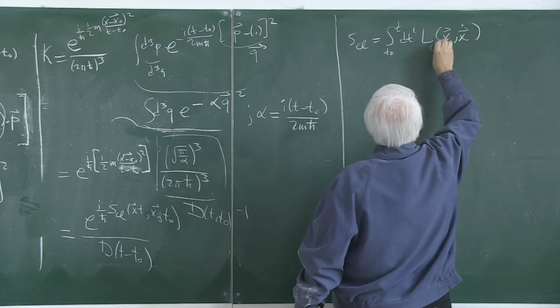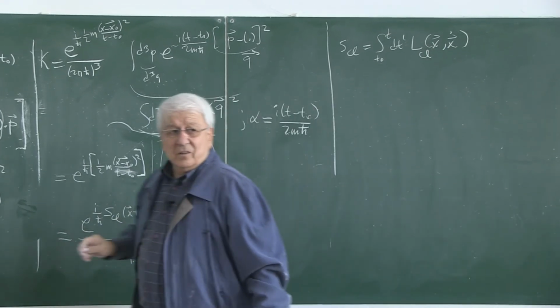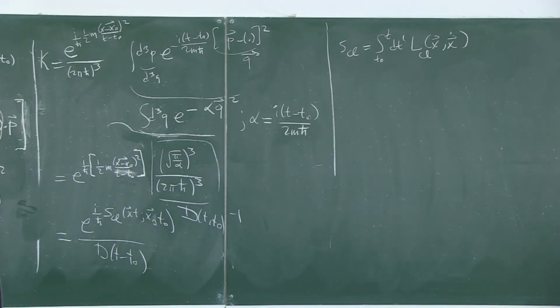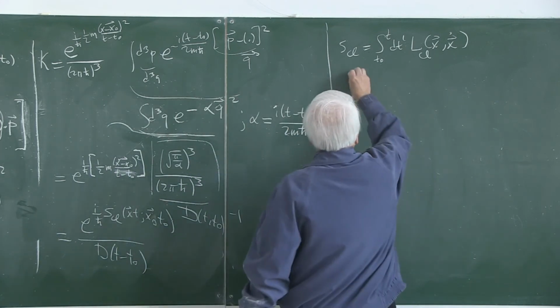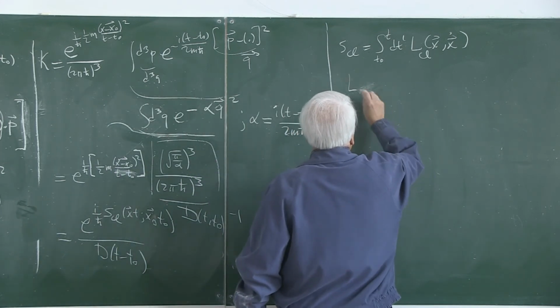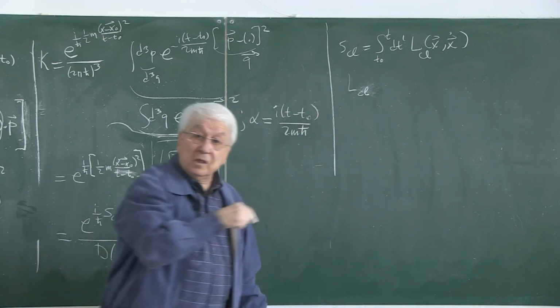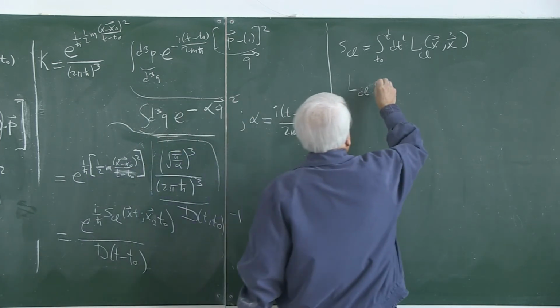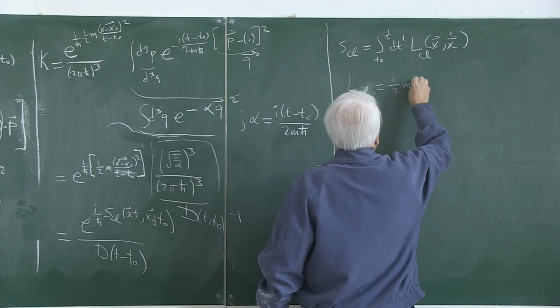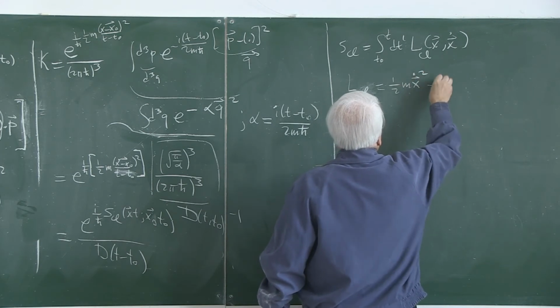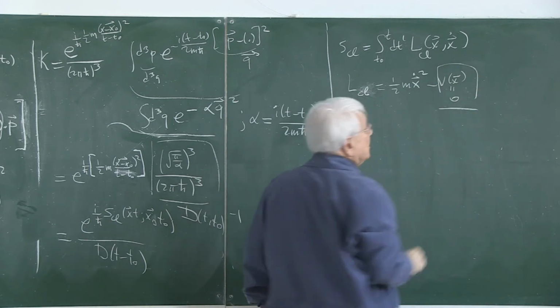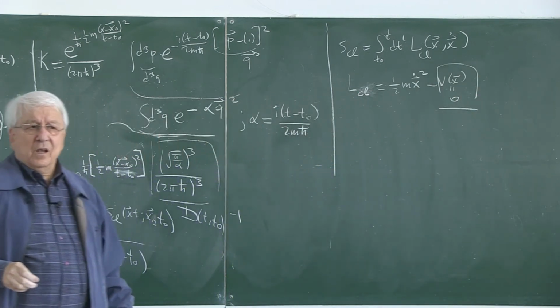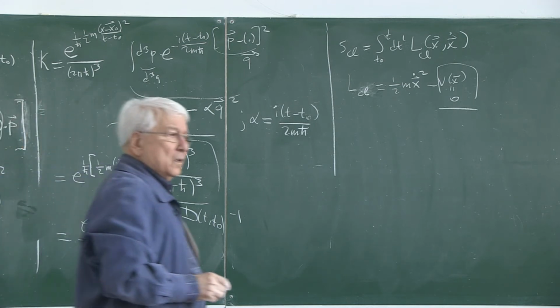That's the classical Lagrangian, and its time integral is the classical action. Let's compute that for the problem in hand. What is the classical Lagrangian? It's important to use these labels because what I'm doing is classical now. It is 1 over 2 m x dot squared minus V of x. But V of x is 0, right? We are doing the free particle. So it is 1/2 m x dot squared.